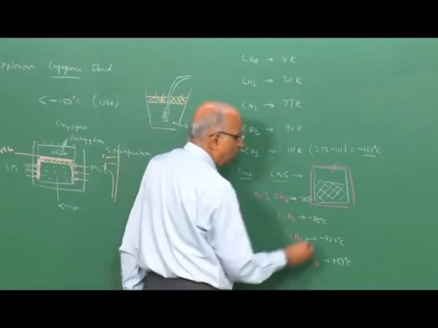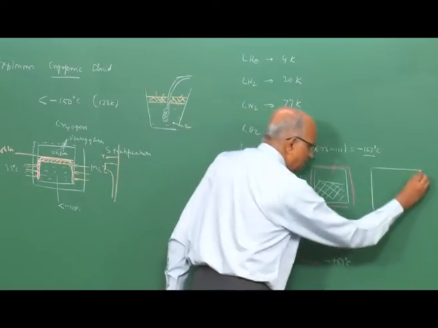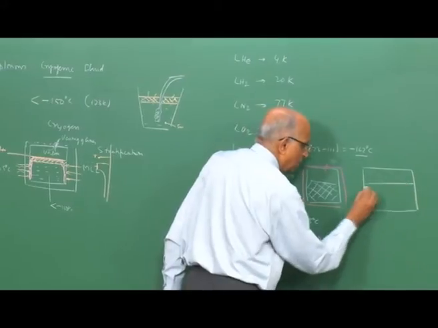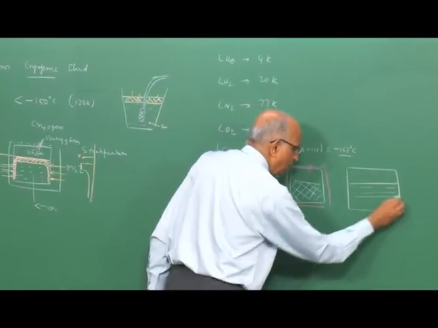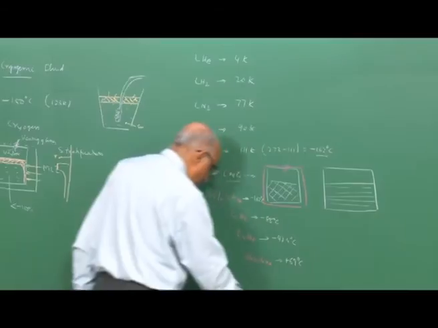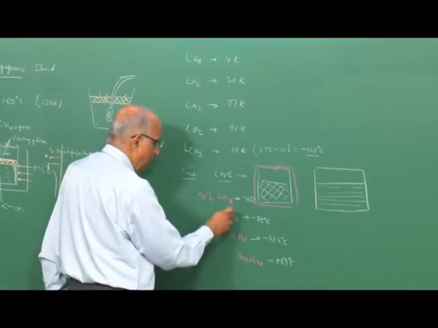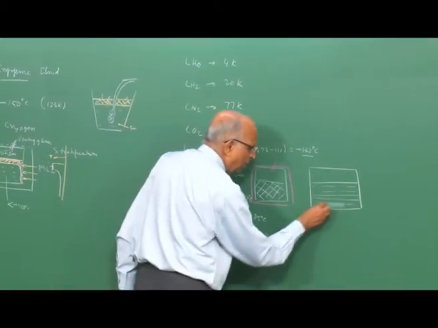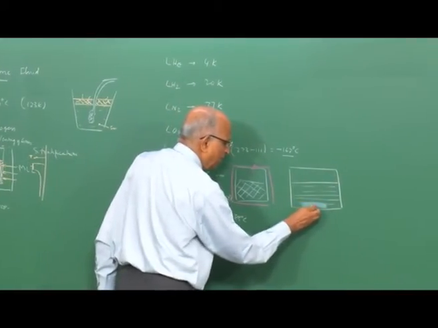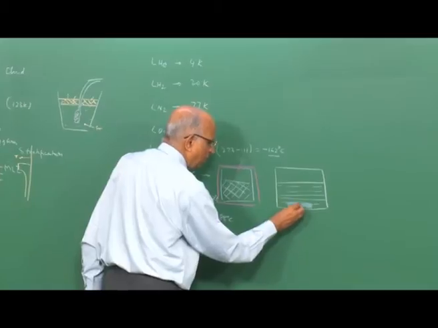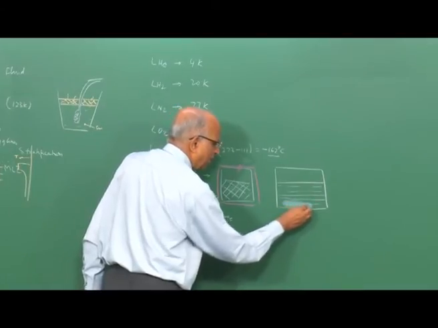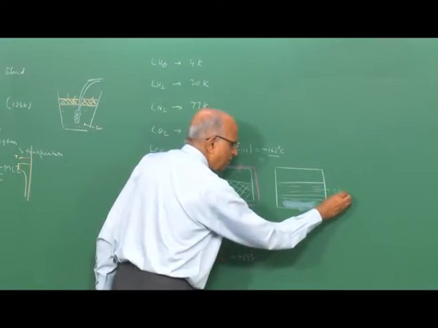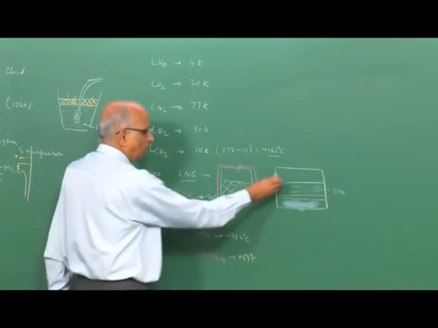When I store these in a vessel, the heavier constituents such as ethane, propane and gasoline are all at the bottom because they are heavier. Gasoline is over here, propane over here, and the lighter methane, which constitutes more than 94%, is at the top.